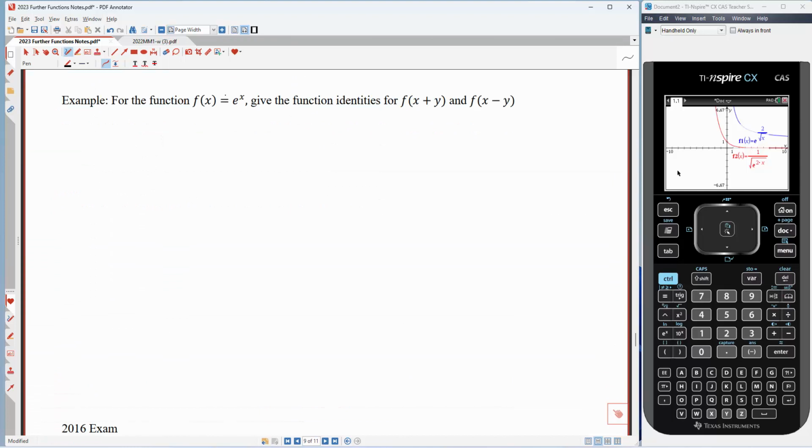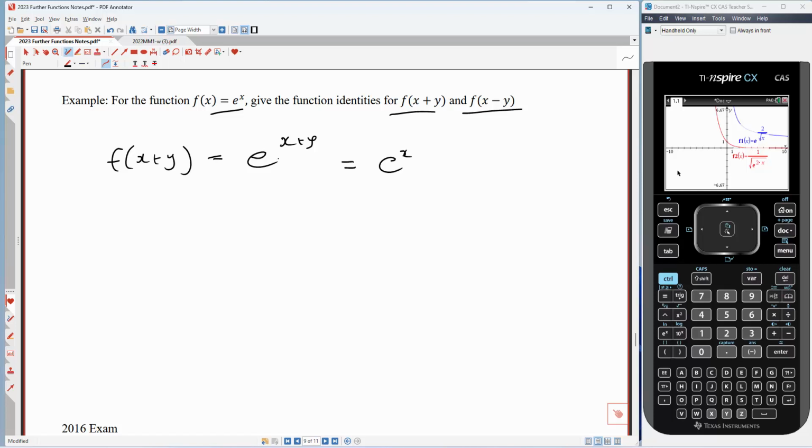For the function f of x equals e to the x, give the identities for these. Let's do this one here. f of x plus y equals e to the x plus y. Now we think about the index rules here.